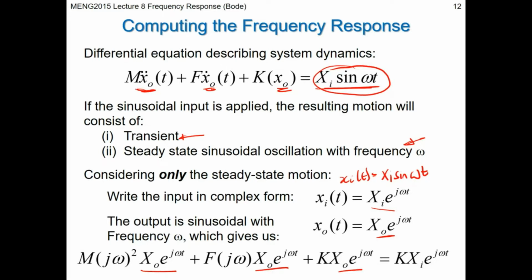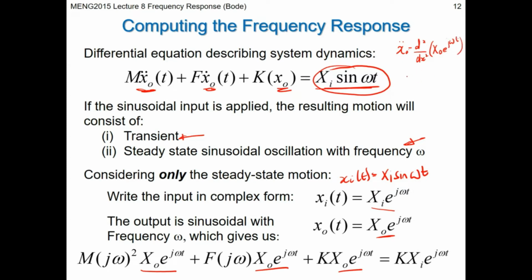X double dot, xo double dot, is going to be d2 by dt squared of our output, which is xo e j omega t.